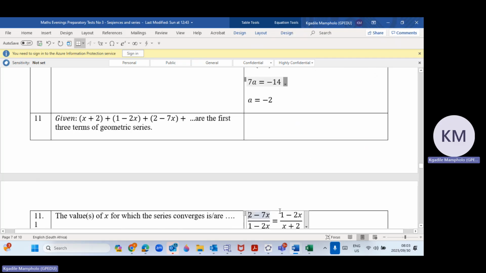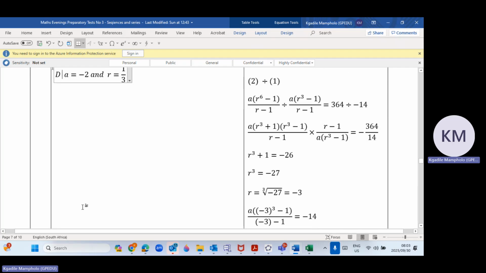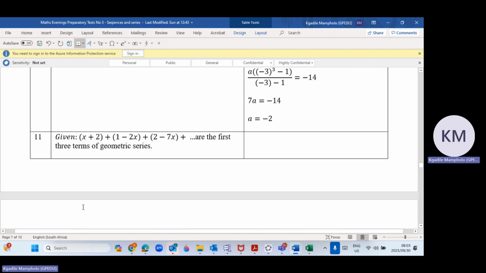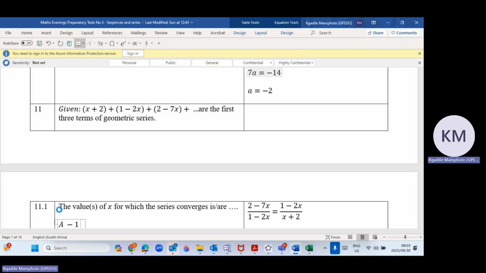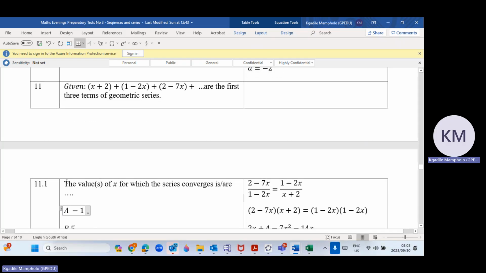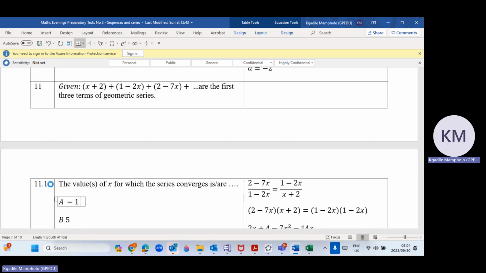a is negative 2. Given x plus 2, 1 minus 2x, and 2 minus 7x are the first three terms of a geometric series, determine the values of x for which the series converges.